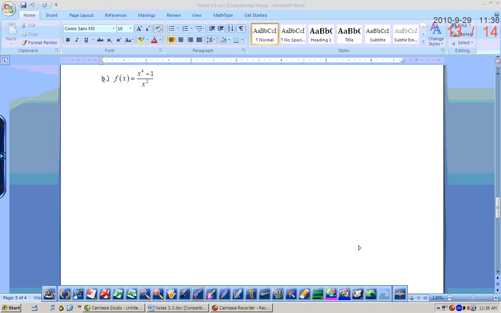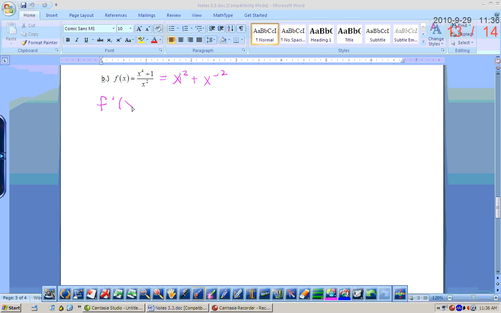Okay, same thing. Find the relative extrema for part B. Do I want to use the quotient rule? No. I want to rewrite this as x squared plus x to the negative 2. Everybody okay with that? Okay.